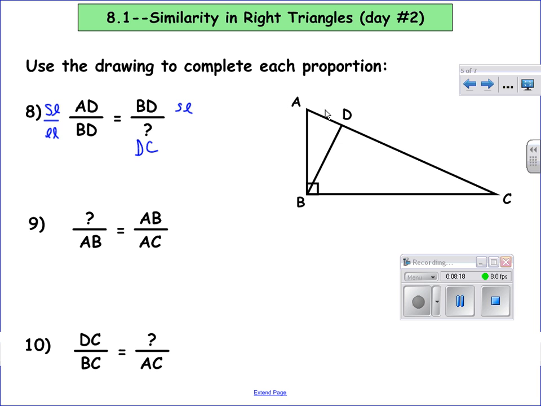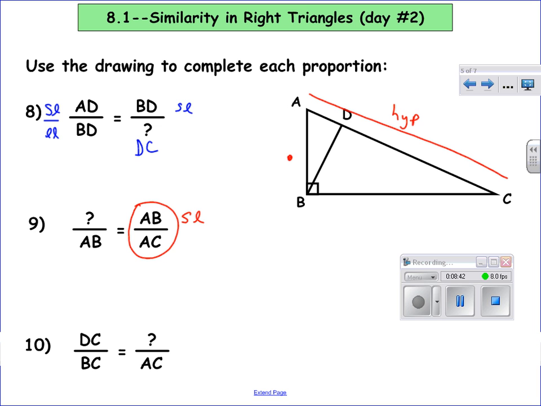So let's try this again. Once you do this 3 times, I think you'll be all set. So let's start over on this side with the AB over AC, because that's the one that's all set up for us. AB is the short leg in the big triangle. And the reason I knew that I was looking at the big triangle is I already saw that AC is the hypotenuse in the big triangle.